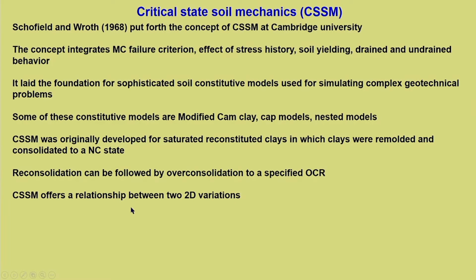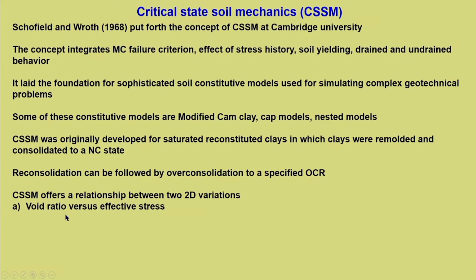CSSM offers a relationship between two dimensional variations. In fact, there are two different variations which CSSM accounts for, and further it integrates these two different variations. What are these two 2D variations?